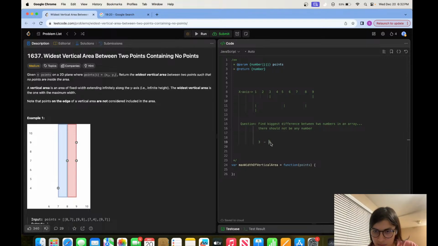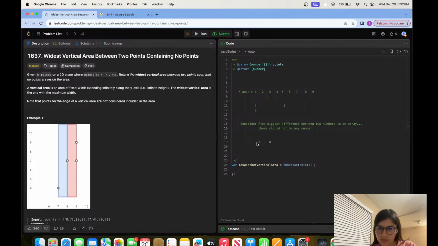There should not be any number that is greater than 3 and less than 8.